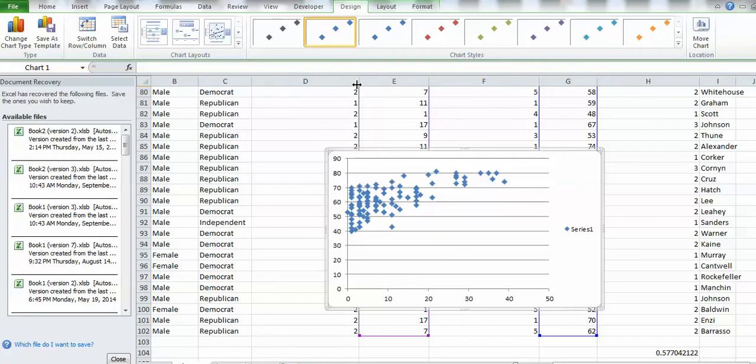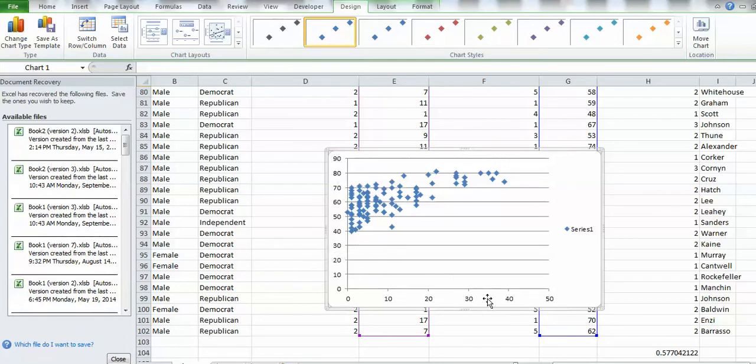What we have here is a graph in which each person is one of these diamonds. Sometimes when you make a scatter plot, you use dots, but Excel uses diamonds. What this is right here is one person, one of the senators, who looks a little bit older than 40, and they've been in office for about 11 years, because I think what Excel did is it put years in office down here, and it put age up here.